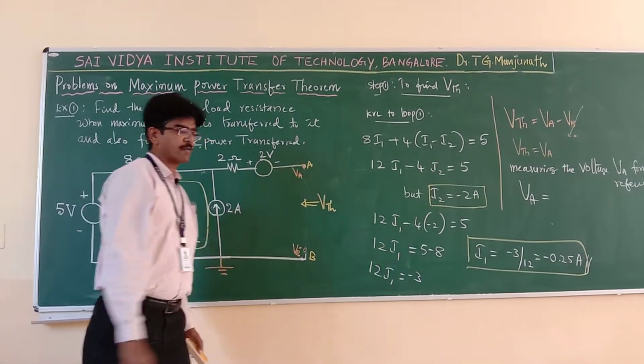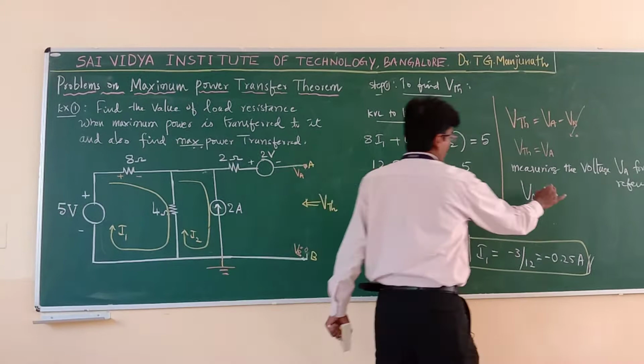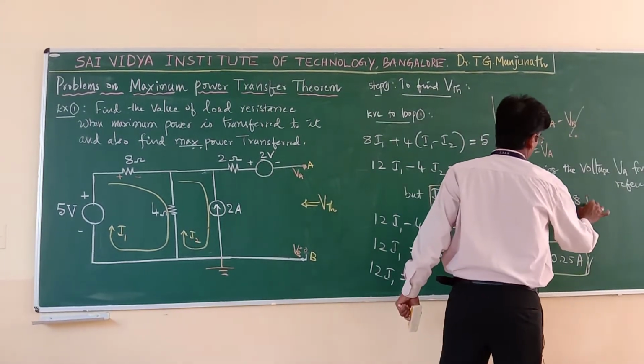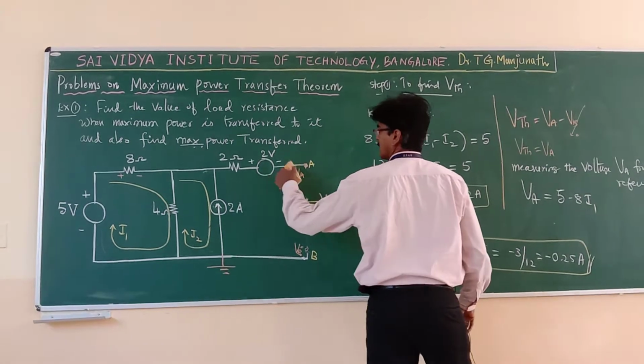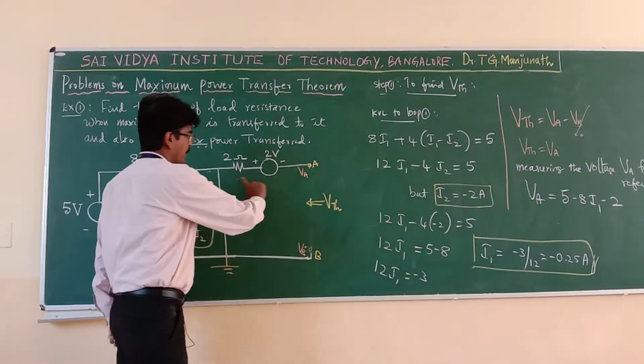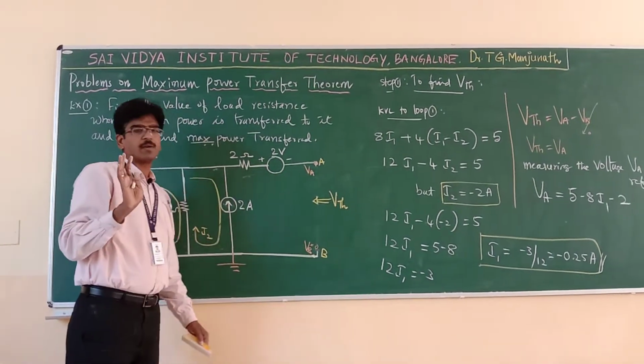That is the equation for VA. Here the open circuit current is 0, but the voltage is not 0.